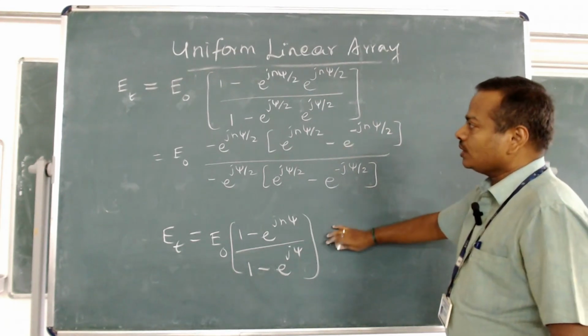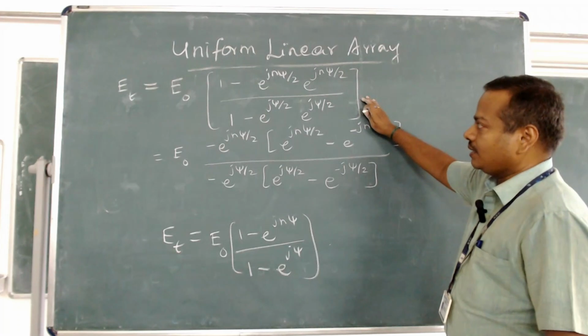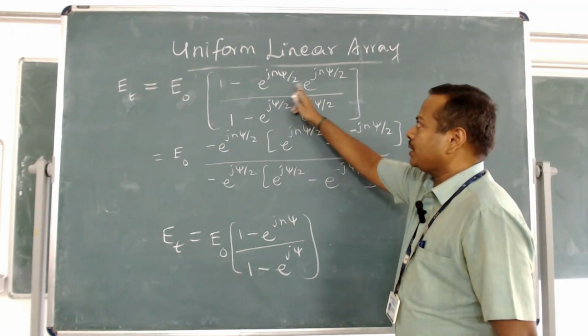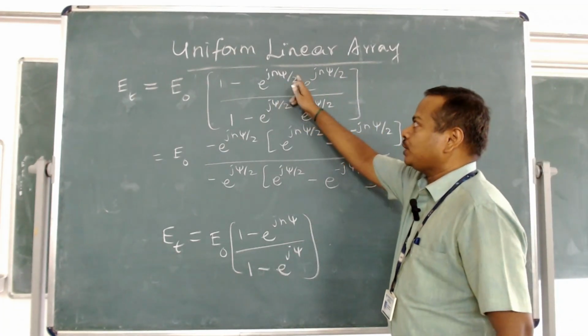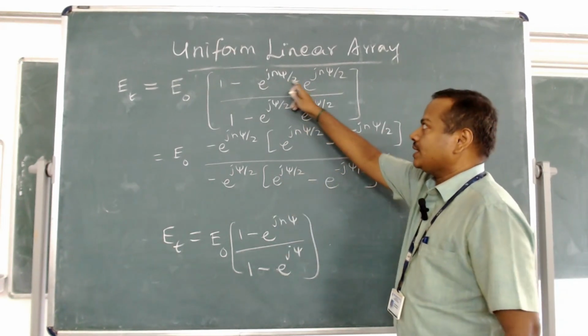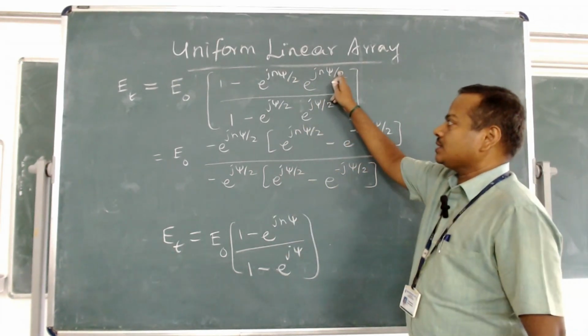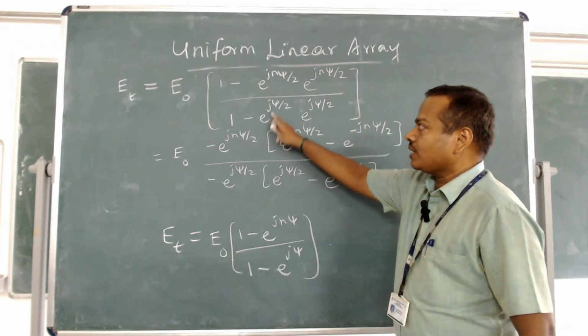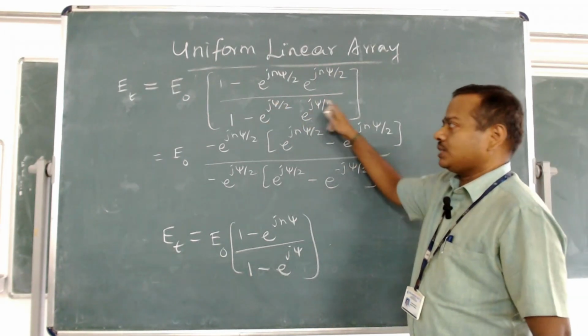The total electric field can be rewritten by splitting e power j n psi as e power j n psi by 2 into e power j n psi by 2, and in the denominator e power j psi by 2 into e power j psi by 2.